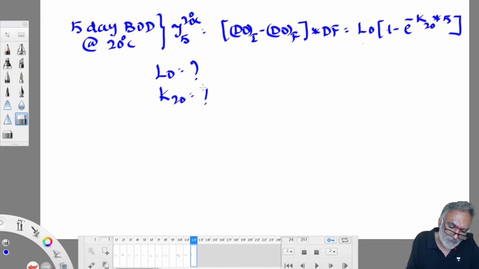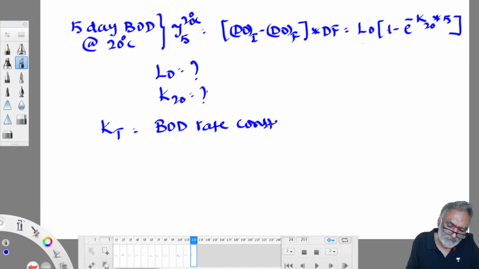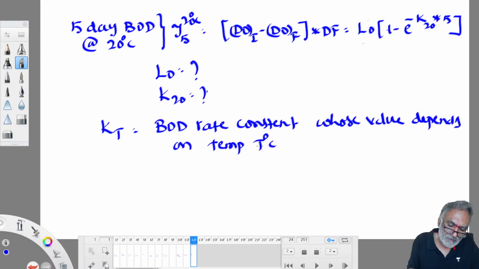This k20 value we work out for base e. Okay. So K at any temperature, kt, is known as the BOD rate constant, whose value depends on temperature T. So K at any temperature is equal to K20 into 1.047 power (T minus 20).